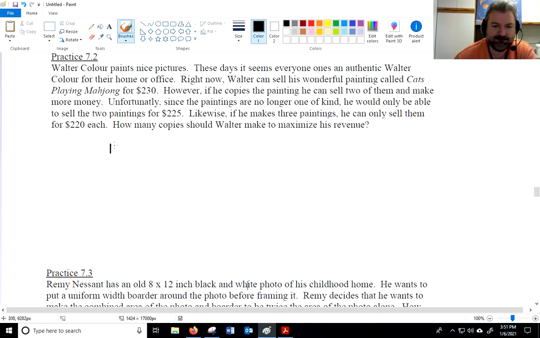So Walter's revenue is going to be equal to the price that he sells it at, which is 230, but it's going to go down $5 every time he copies it. But he's going to be able to sell one more for each one he makes. So originally, this is how it starts, right? The original price was 230.